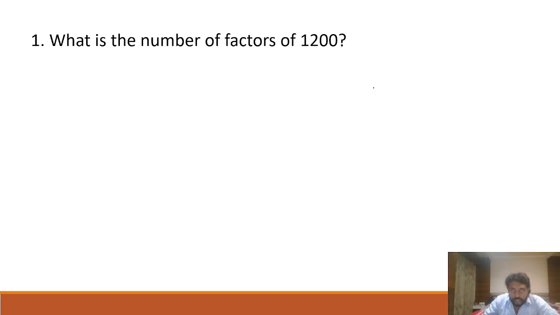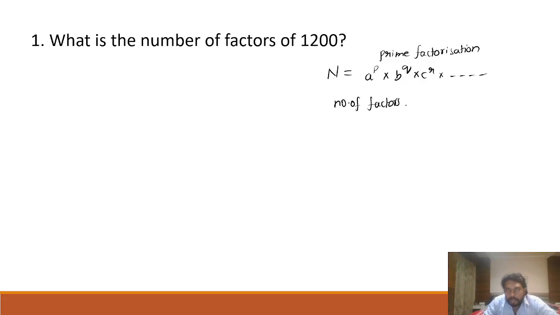To find the number of factors, if any number can be written as a product of primes, that is, by prime factorization, let's say a power p into b power q into c power r and so on, provided that a, b, c and so on are prime numbers, then the formula for the number of factors is: you take the powers and add 1 to each and multiply them.